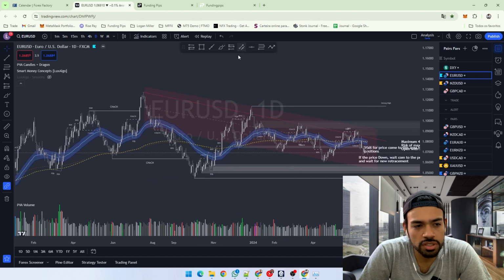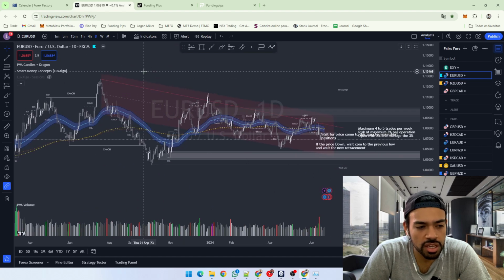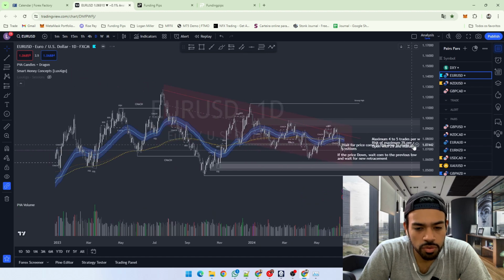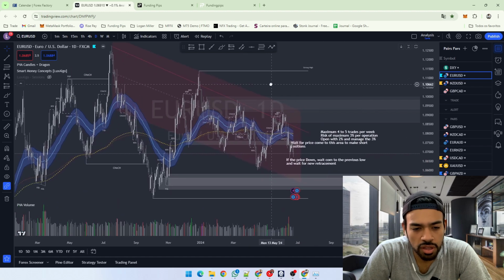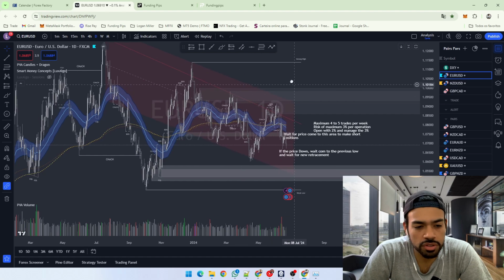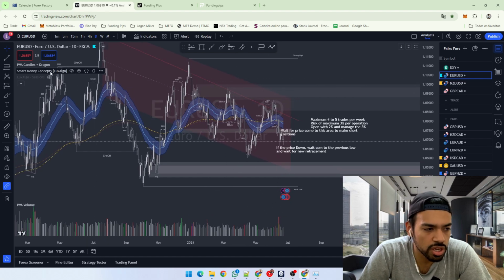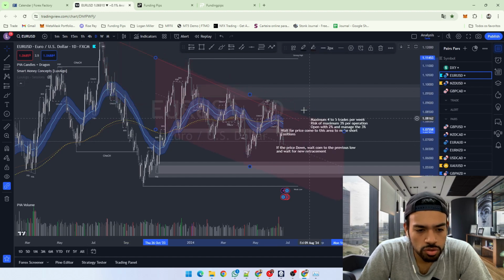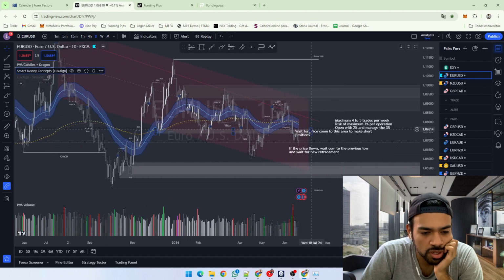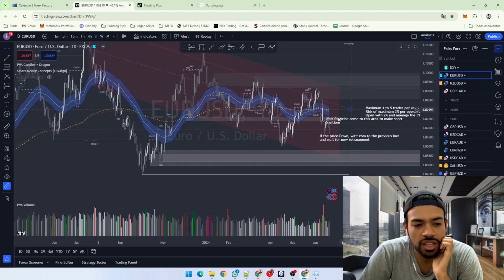So I draw this downtrend in the daily in Euro USD, and after I trace my downtrend, I draw regions of interest. You can use some indicators. I use Smart Money by Lux Algo. With Smart Money, I trace some regions in the daily trend.